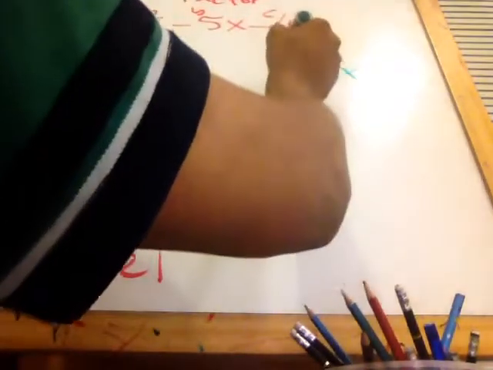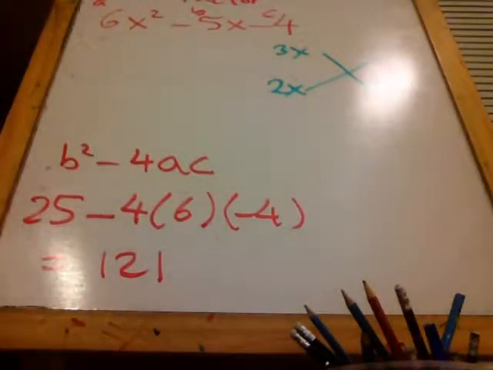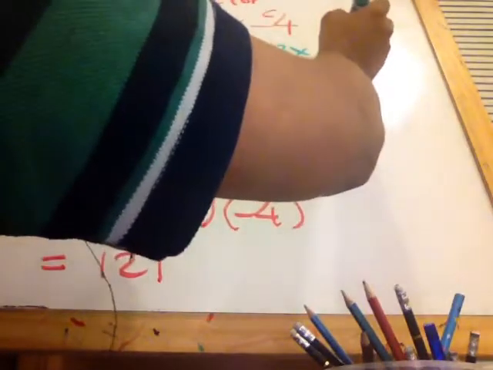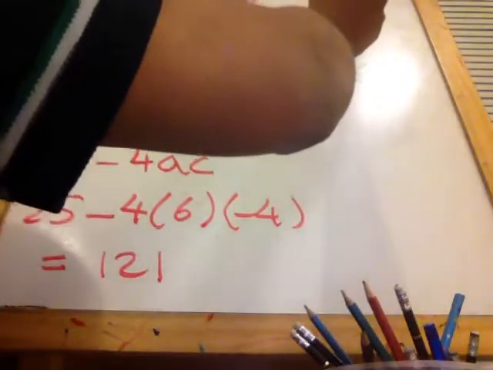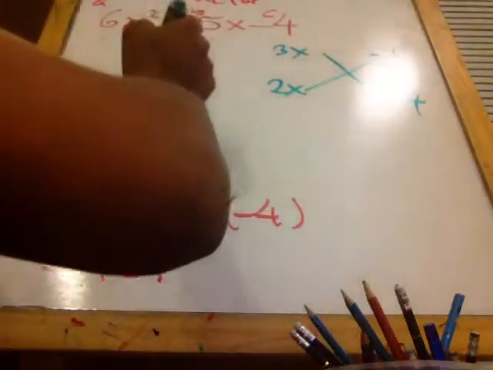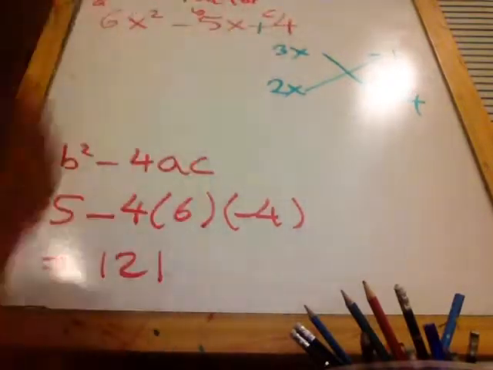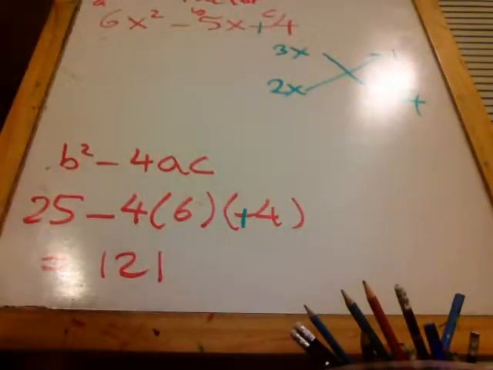I may write it as 3x times 2x. You may try 6 times 1, 6x times 1x. And here I could also try negative 1, so this is plus 4, so here we have plus 4.